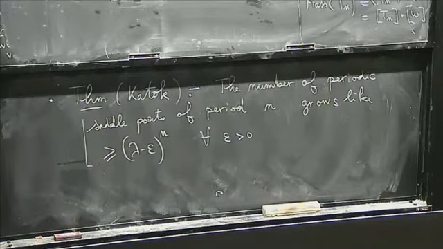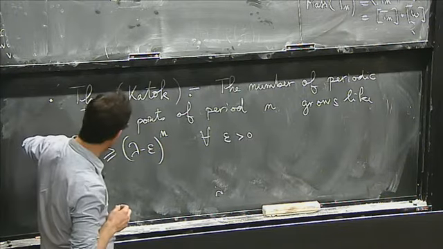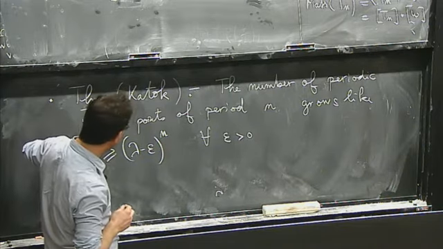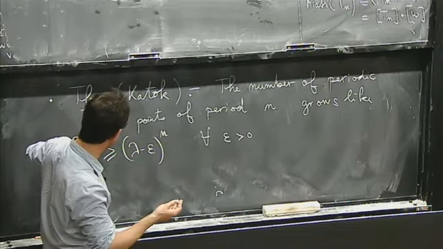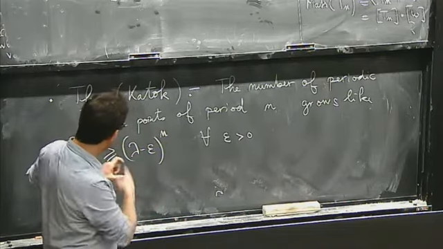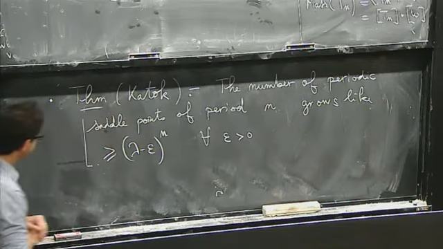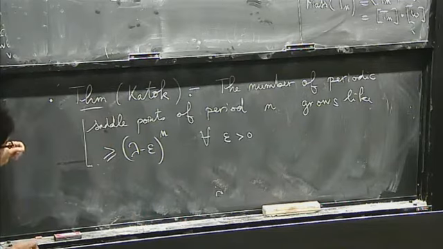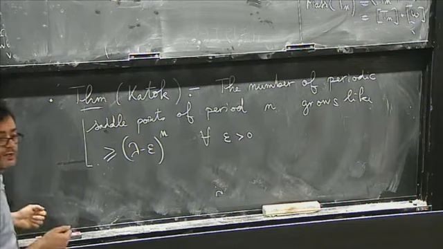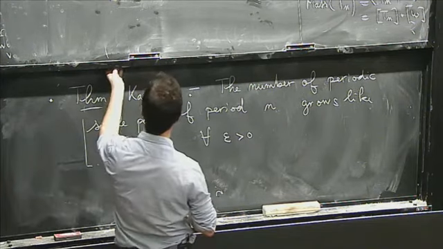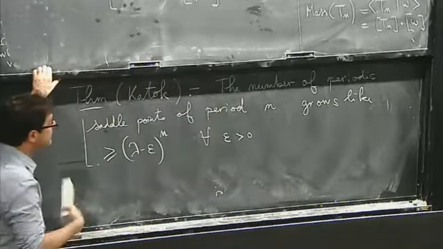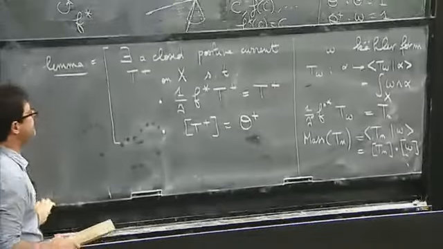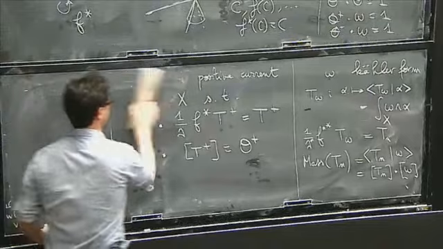Okay, so let me recall what saddle point means. It means that the point is periodic, so it's fixed by an iterate of the transformation, and the differential of the iterate at the point P has one eigenvalue which is smaller than 1 and another which is larger than 1. Okay. So from this theorem, we know that there is an infinite number of saddle points.